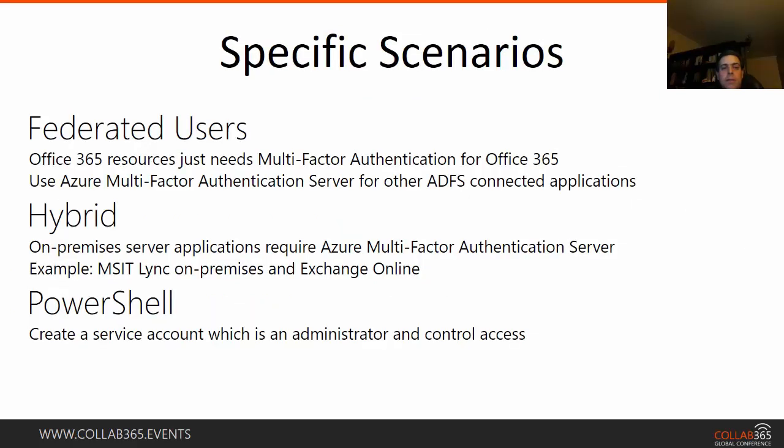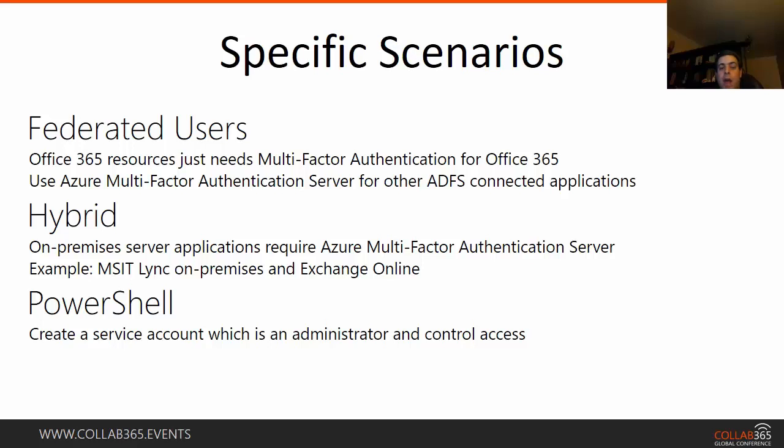And there are specific scenarios too. For example, for federated users, Office 365 resources just need multi-factor authentication for Office 365. You can use the Azure multi-factor authentication server for other ADFS-connected applications.